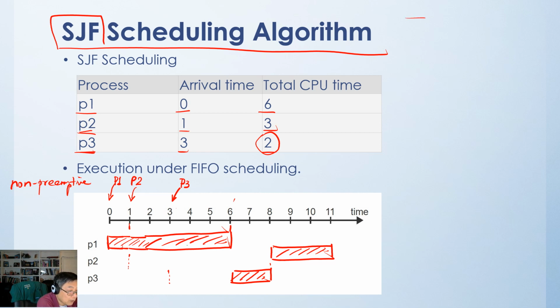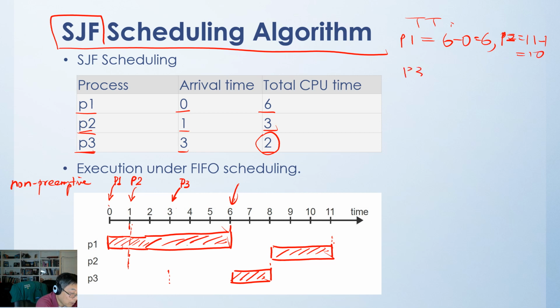So first look at the TT, the turnaround time for each process. Now P1 is still 6, right? It arrives at time 0 and finishes at time 6, so it's 6 minus 0, which is 6. Now P2 arrives at time 1, but finishes at 11, so it's 11 minus 1, that's 10.